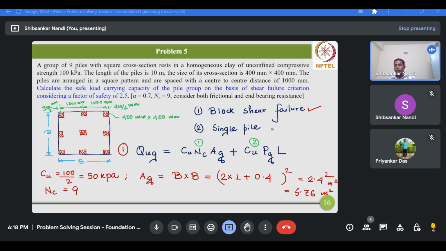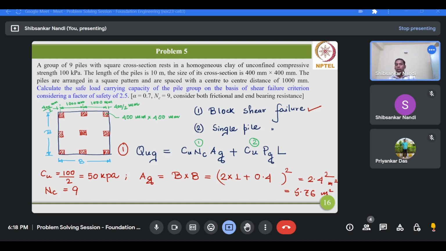Now for the point bearing part, it's okay. It's basically similar to the previous case, that is the single pile case. For a single pile, you consider the cross sectional area of the individual pile. So Cu and Nc remain constant. However, the individual area of the single pile is replaced by the cross sectional area of the block.